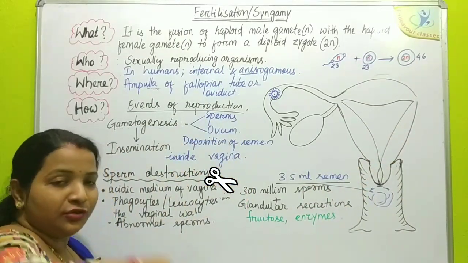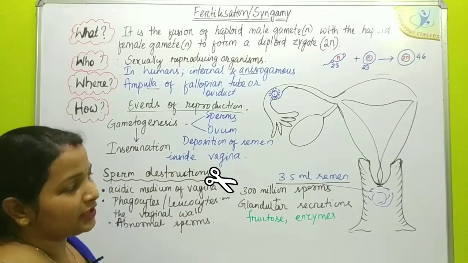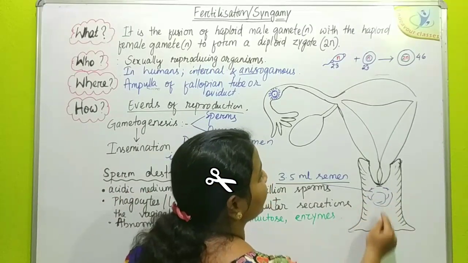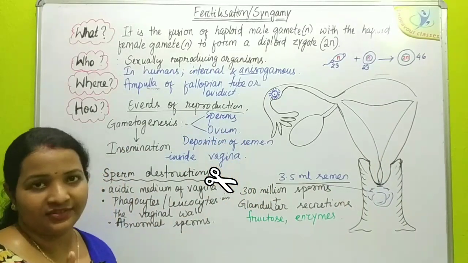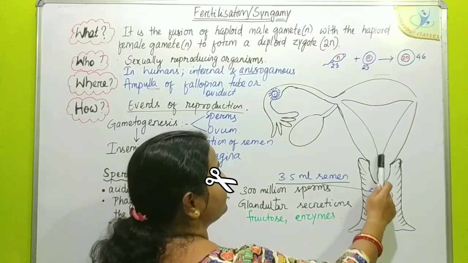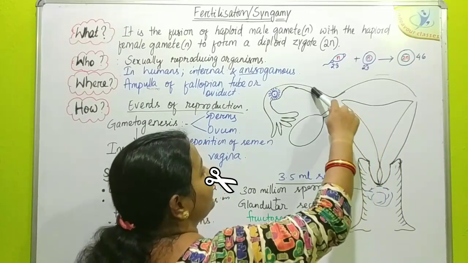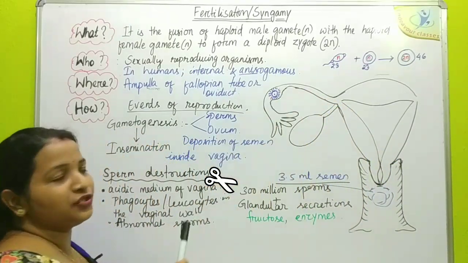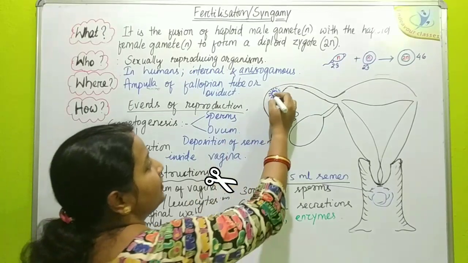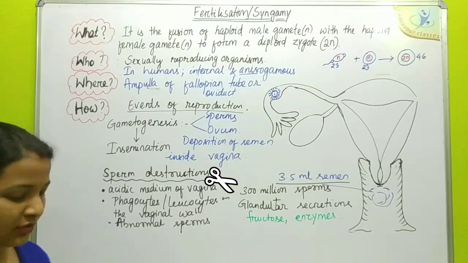From the uterine cavity, the sperms move through the fallopian tube and finally reach the surface of the oocyte. Here the secondary oocyte has been released during ovulation.